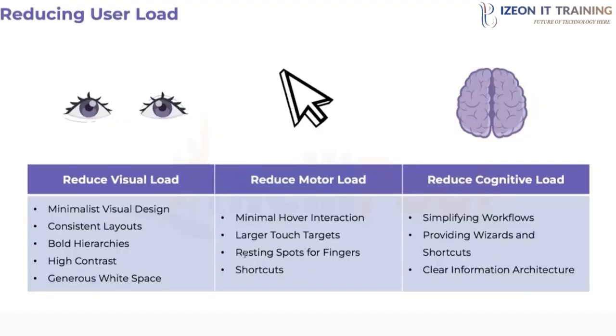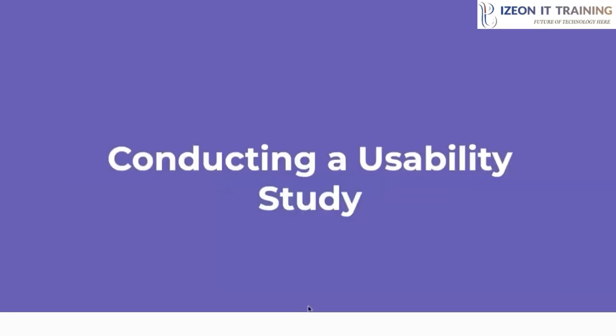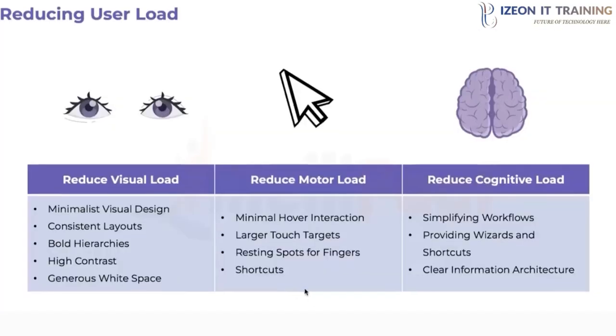Larger touch targets and resting spots for fingers. Resting spots, as in, if everything is clickable on your screen and you have to scroll, and there is no place to rest your finger, then there is also a motor load. There will be accidental clicks, and then the user has to go back and come again.